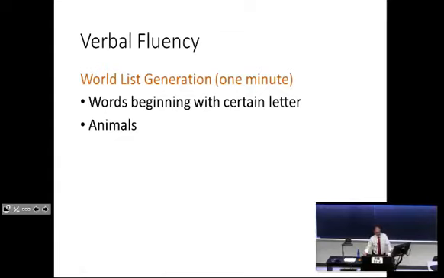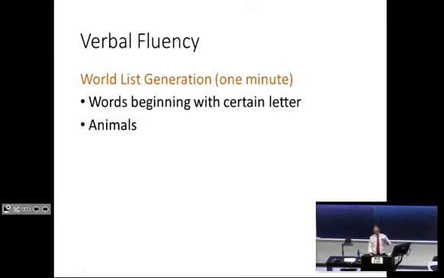Another standard frontal test is verbal fluency. And that's where you ask a person to give as many words as they can think of that begin with a certain letter, or as many animals as they can think of. And again, these tests require many different kinds of functions, but one of them is frontal function.